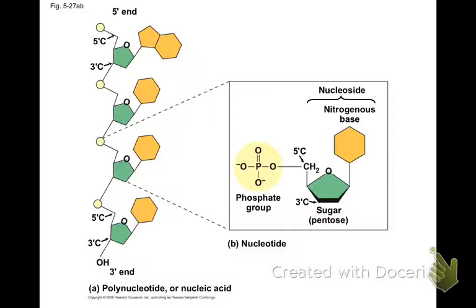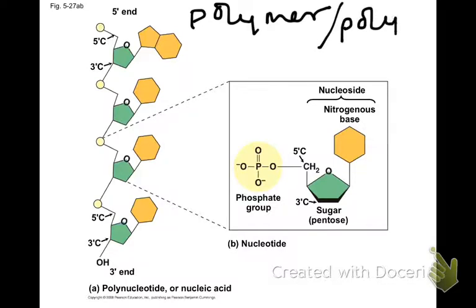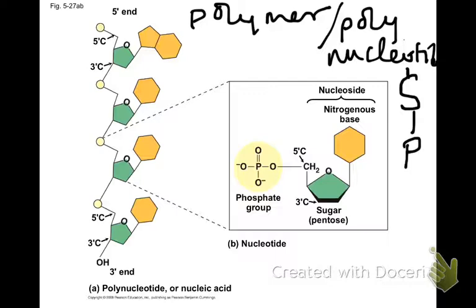Before I proceed to this bit, this is just to explain how they are being organized. In a polymer or a polynucleotide, what you see is you have a sugar, then a phosphate, then a sugar, then a phosphate, then a sugar, kind of like a backbone.